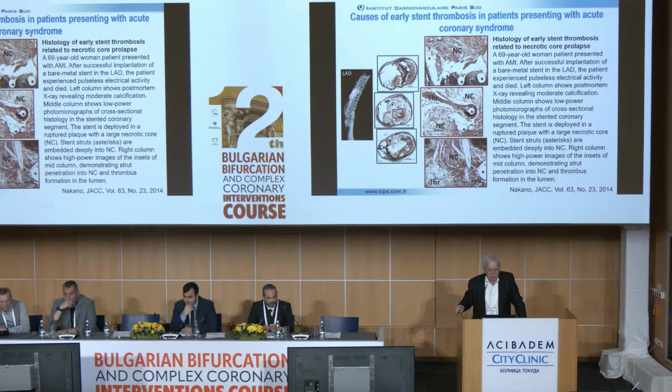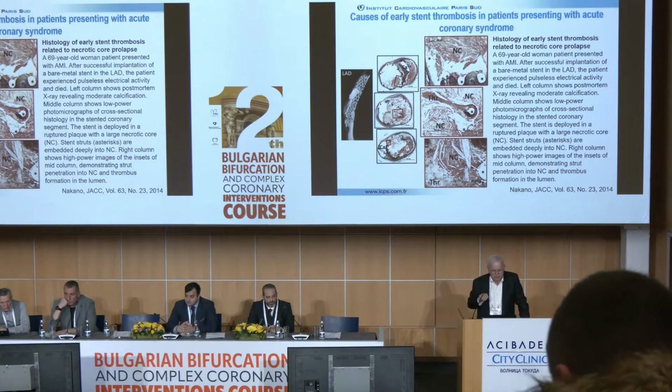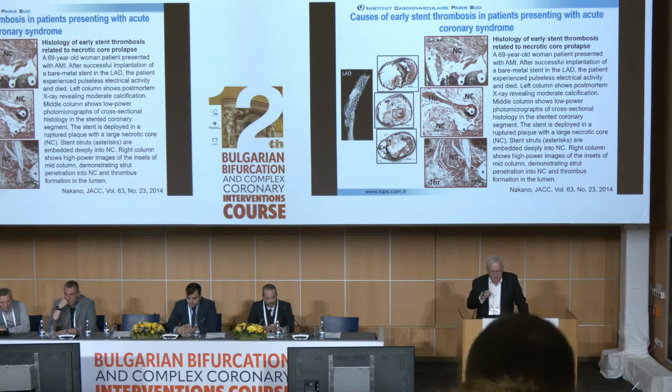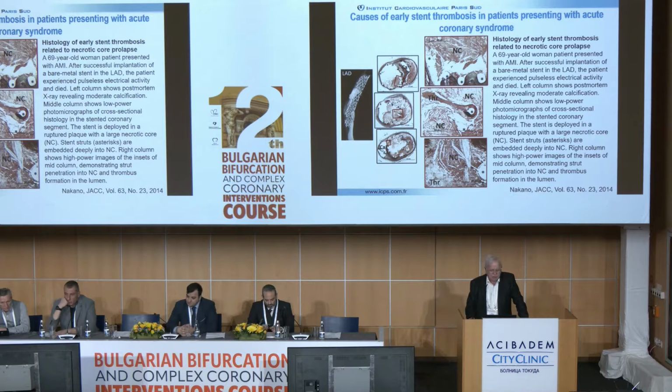Second problem is related to acute coronary syndrome, when you are implanting a stent which is penetrating the necrotic core of the lesion, which is something you see on the right with these cholesterol crystals in the middle, with the penetration in the media and in the intima, sorry, and the penetration of the strut inside this necrotic core.